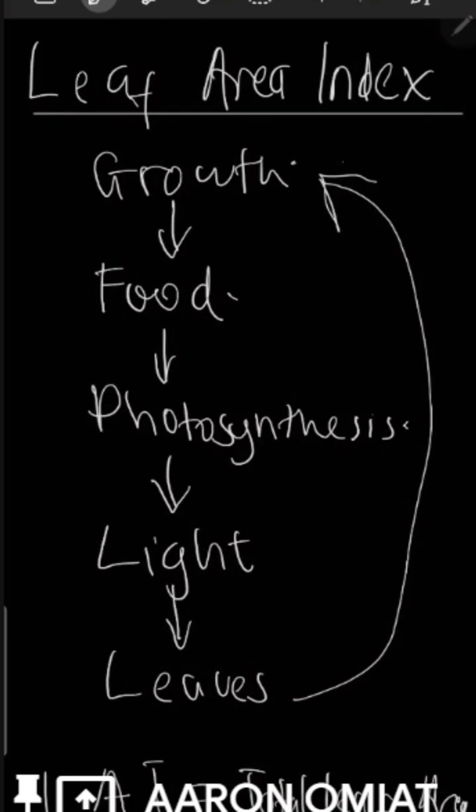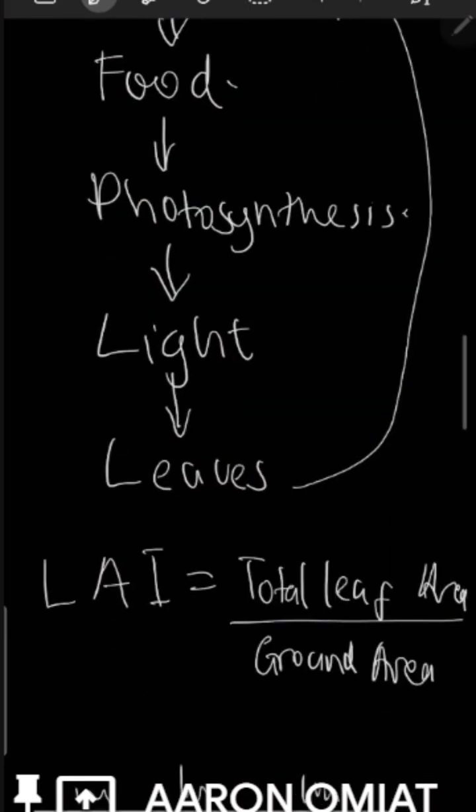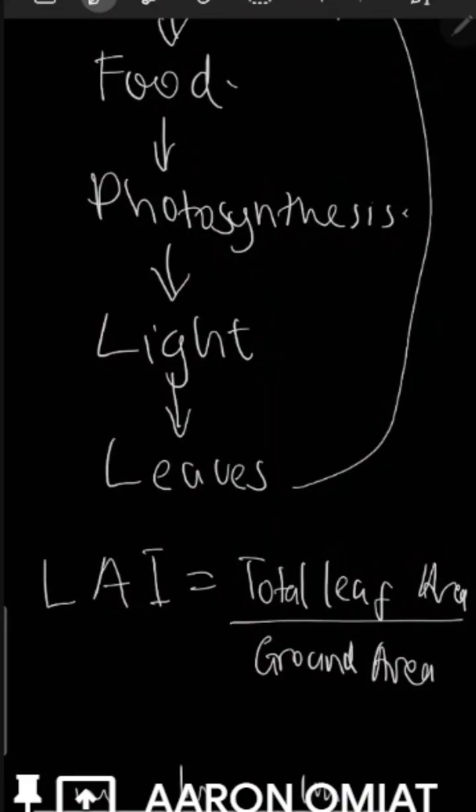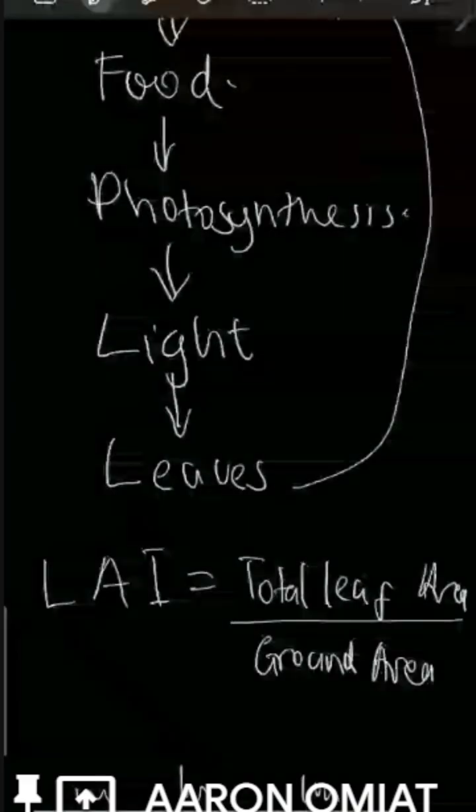So what are you going to use to measure the leaf area index? You know that leaves in a plant normally don't cover each other. If it's like a mango tree and you climb inside, you don't see leaves. The leaves are at the edges so that each of them has access to light. They are not obstructing each other.